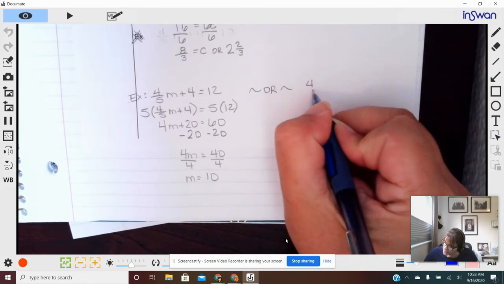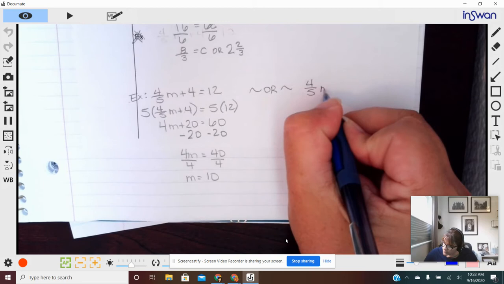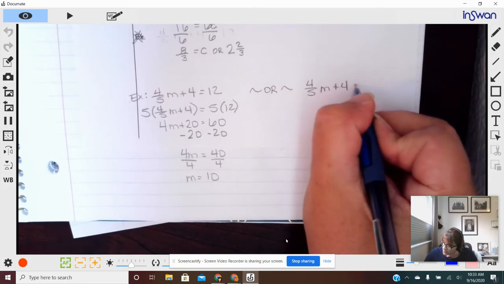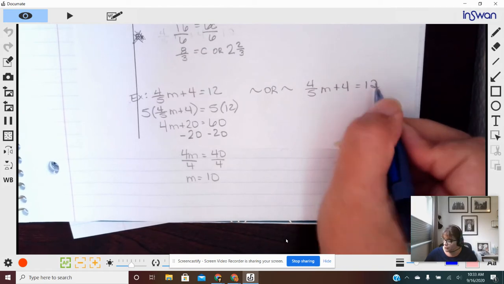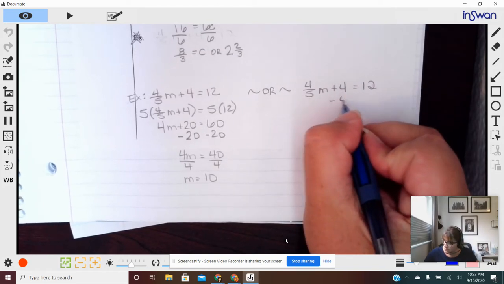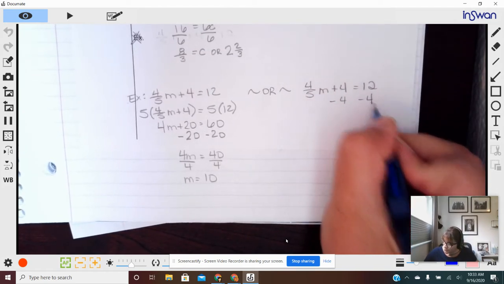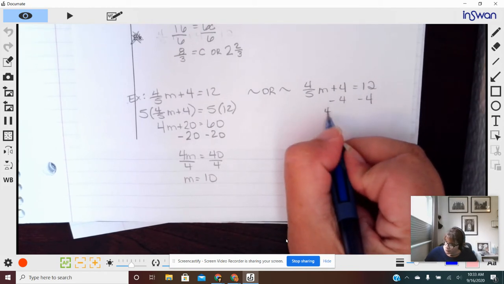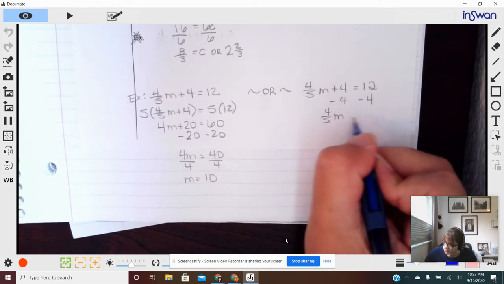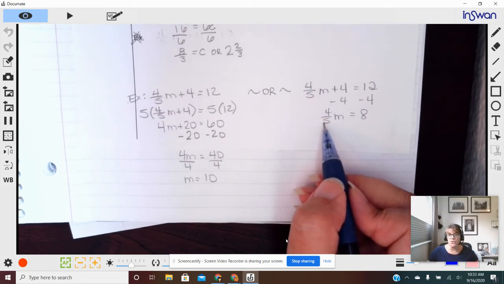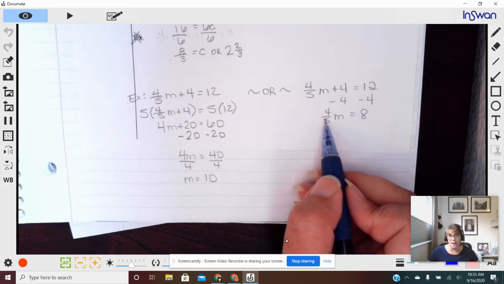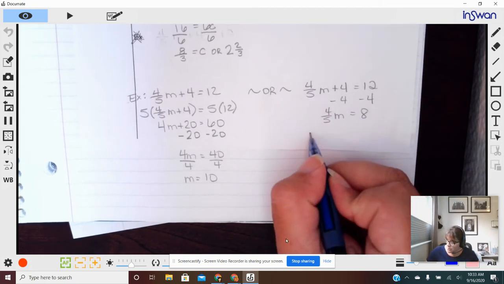I could have combined these constants before I did anything else and had 4/5 m equals 8. I still would have needed to either multiply by the reciprocal or at least by the denominator.